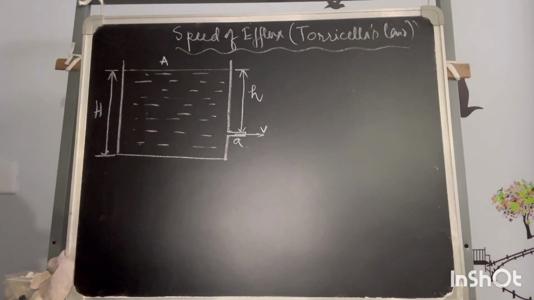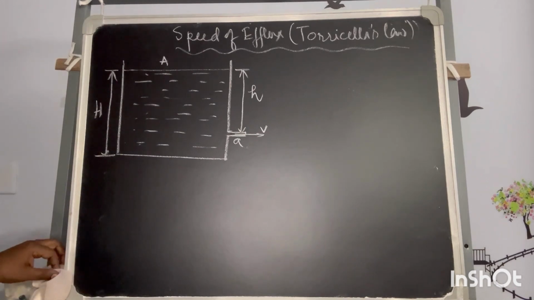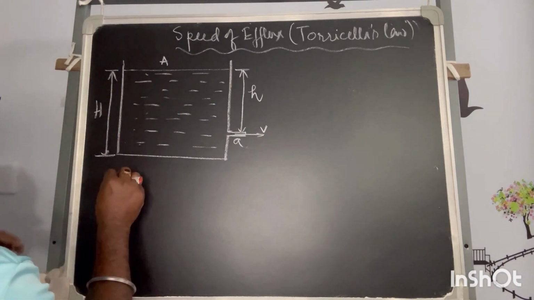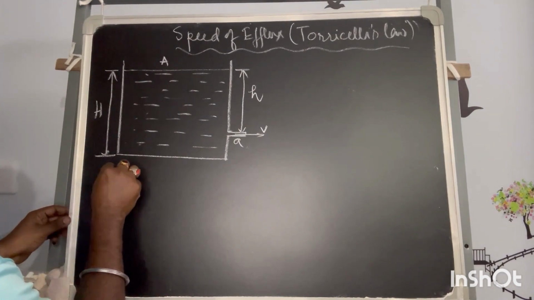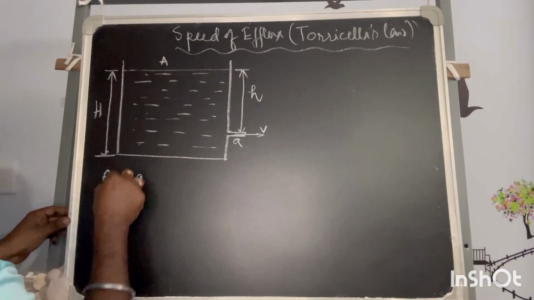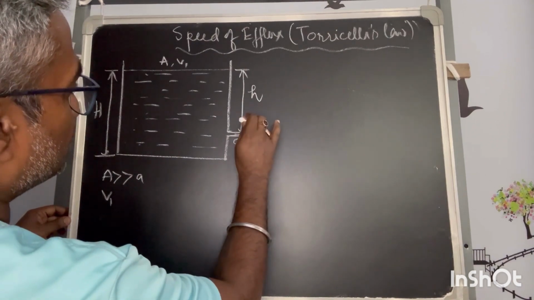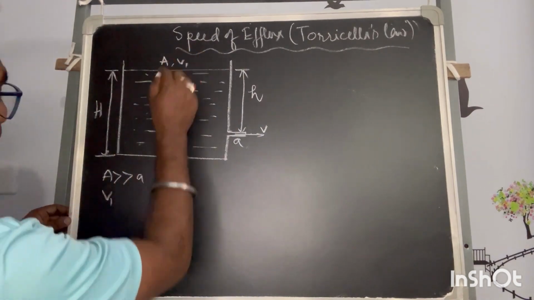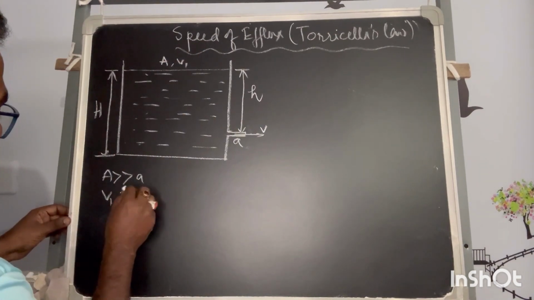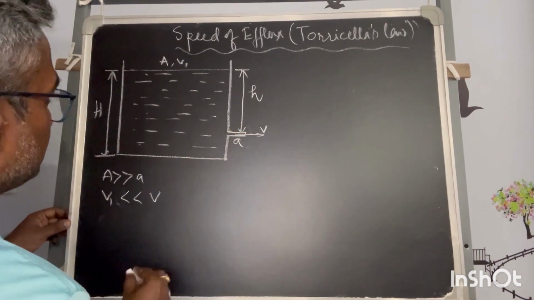With this, the one thing that has to be assumed is that the cross section A of the reservoir is much higher than that of the outlet. So the velocity here, let's say this is velocity v1 and this is velocity v2 or v, is much lesser than v at point 2.